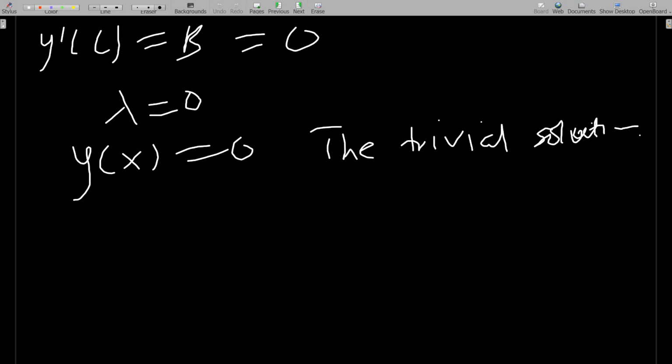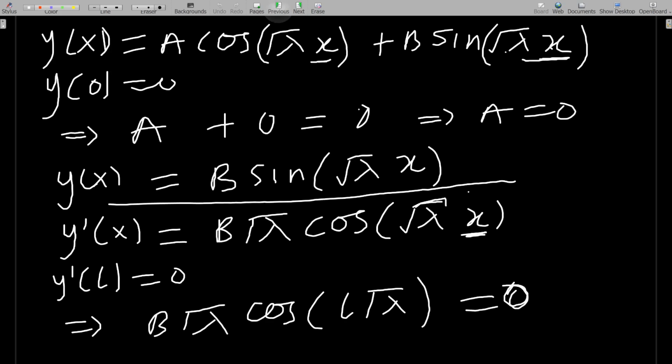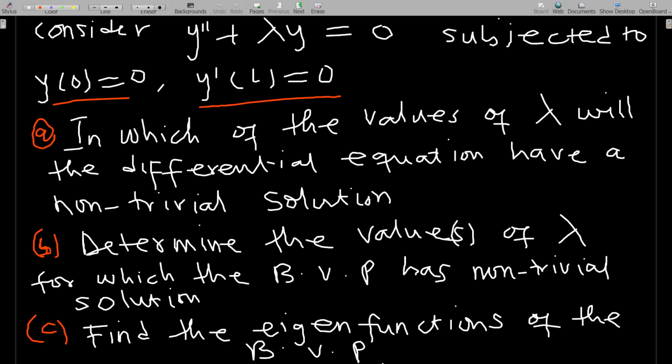Now let's go back and check something. For case 2 where lambda equals 0, we have the trivial solution. In case 3 where lambda is less than 0, we have the trivial solution as well. So let's go ahead and answer the question that was being asked. I hope you have written the solutions somewhere.